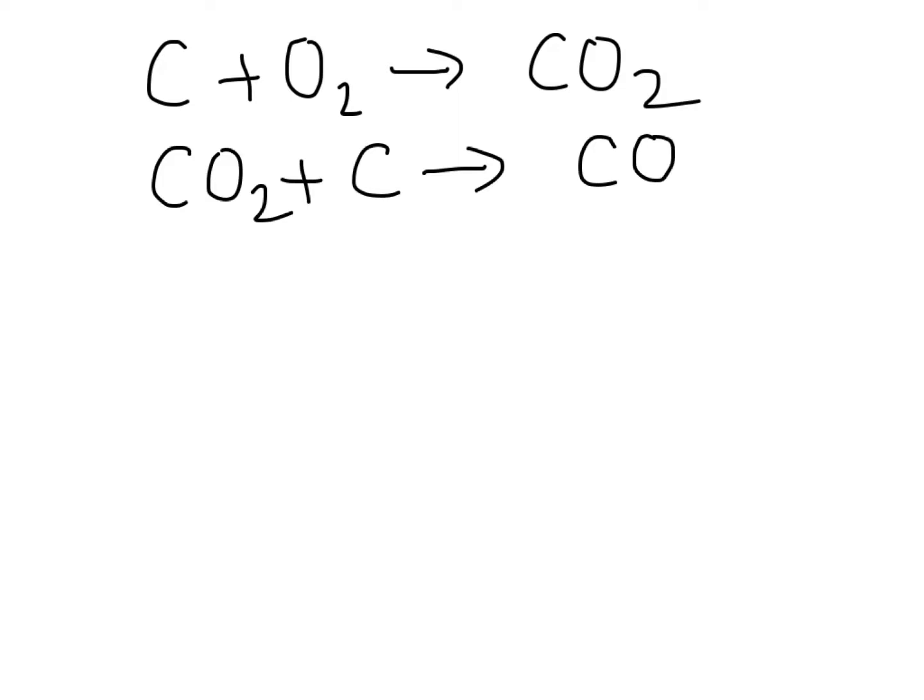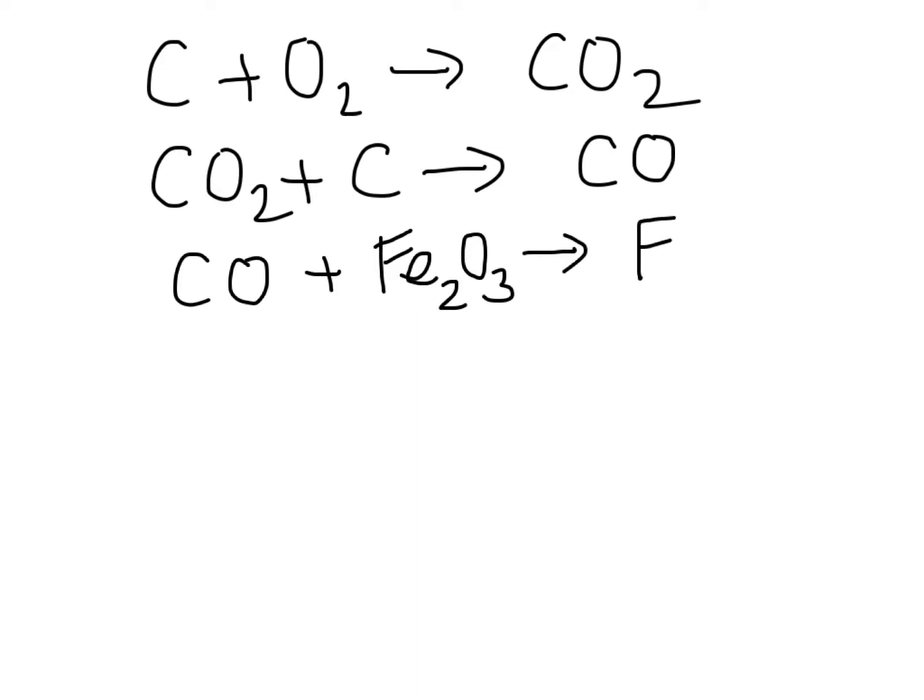Okay, and that's a toxic gas, carbon monoxide, and that's the one which reacts with the iron oxide to produce iron. Let's have a look at that. So carbon monoxide plus iron oxide to produce iron and carbon dioxide.